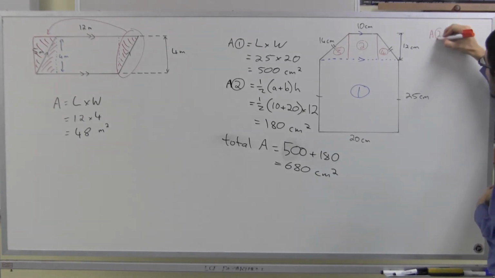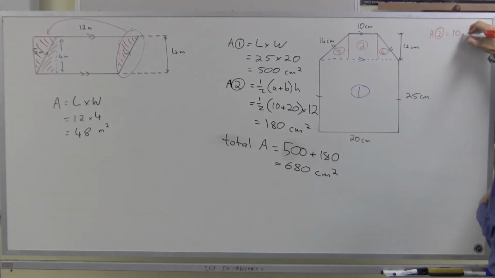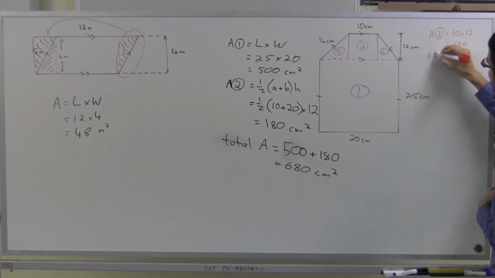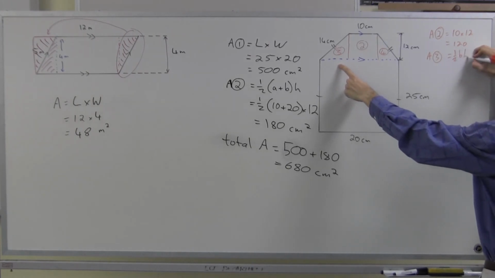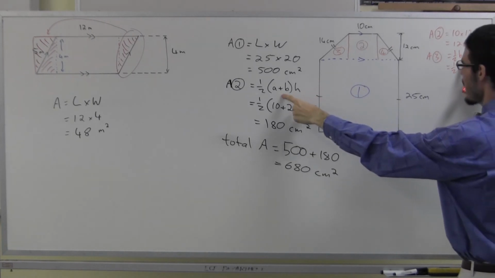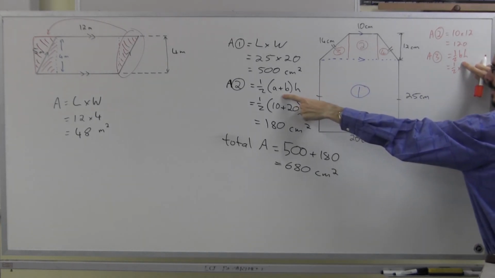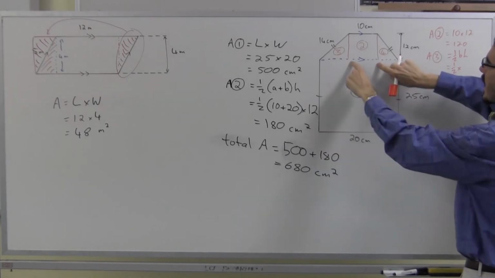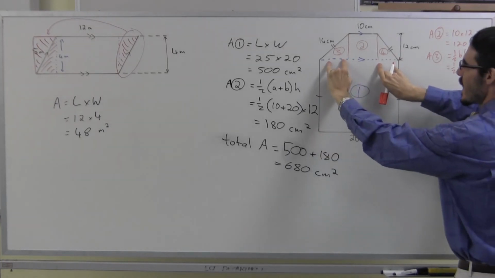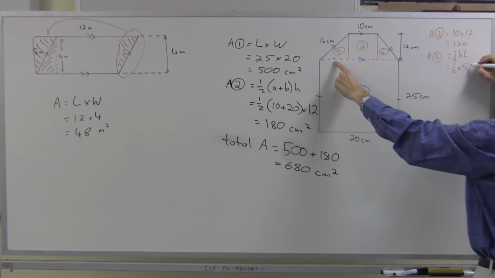So if I was doing it that way, well, let's see. Area number 2 would be 10 by 12, 120. Area 3, it's a triangle, half base times height. Half the base here, well that's 20, that's 10, so the other 2 bits make 10, so the base here must be 5.